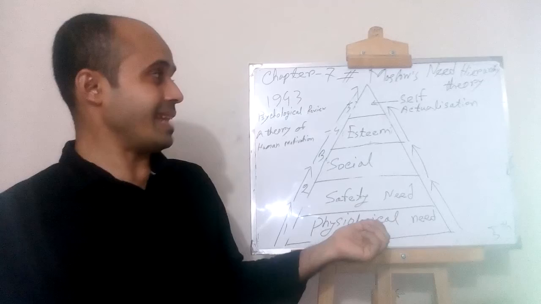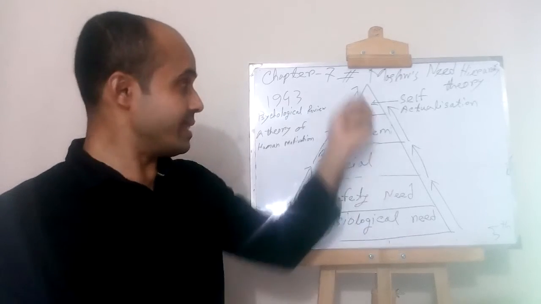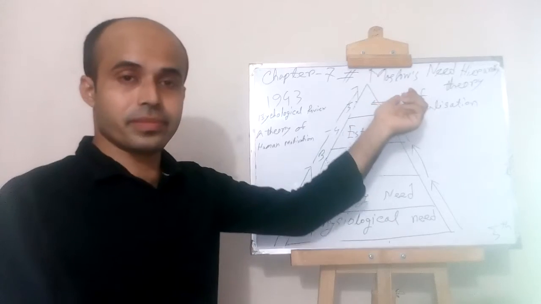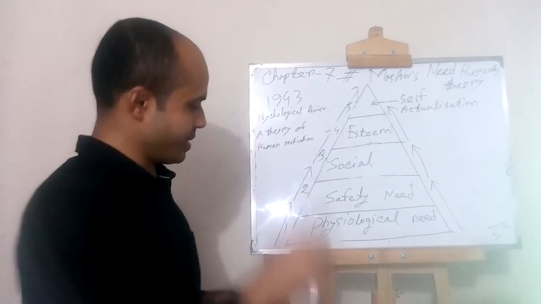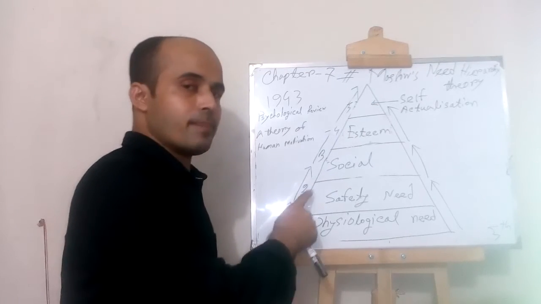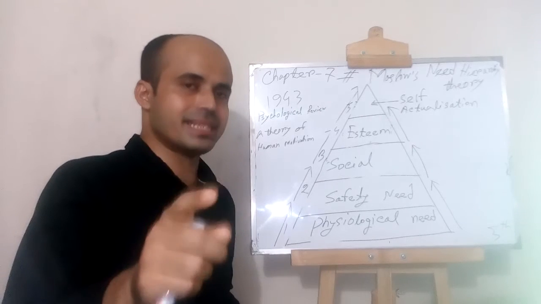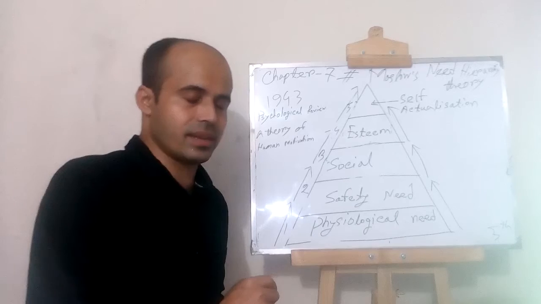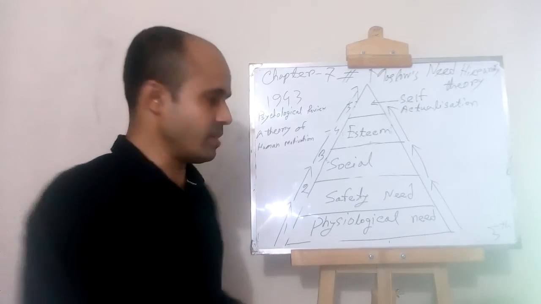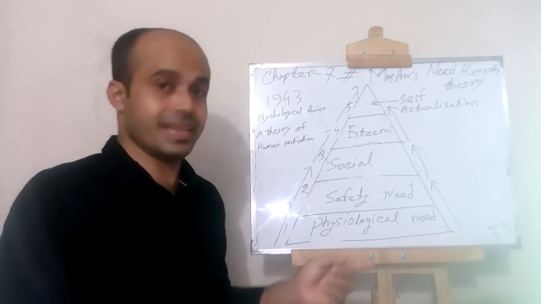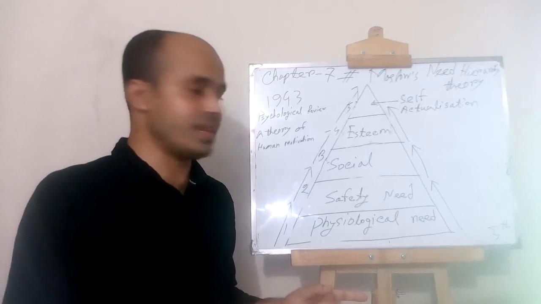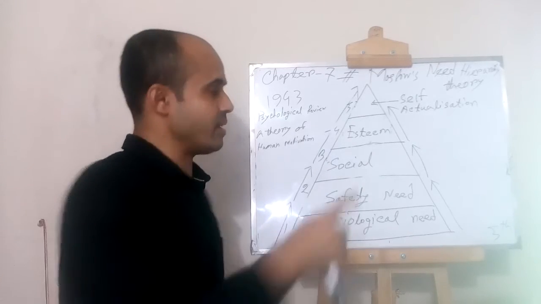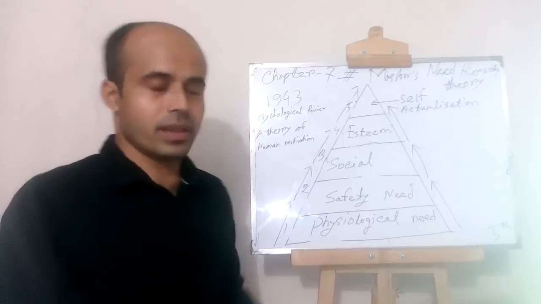So we can see step by step that Maslow tried to discuss that demands can be transferred step by step. If the first level, physical need, is filled up, then it is shifted to the safety needs. If the safety need is filled up, then it will be shifted to the social need. If the social need is filled up, then it will be shifted to the esteem needs.